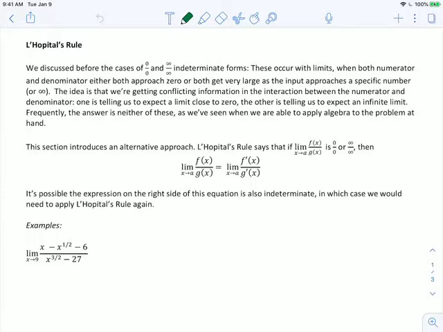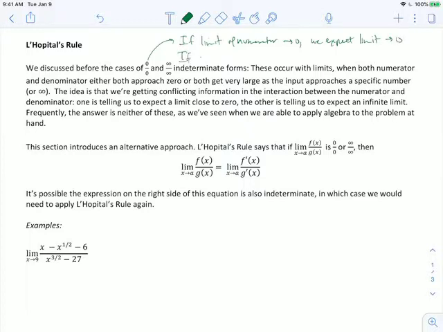The reason why we call these indeterminate is because we're getting conflicting information from the numerator and the denominator. For instance, in a 0 over 0 form, if the limit of the numerator is going to 0, if the numerator of a fraction is getting small, we're expecting that the limit is going towards 0 as well.